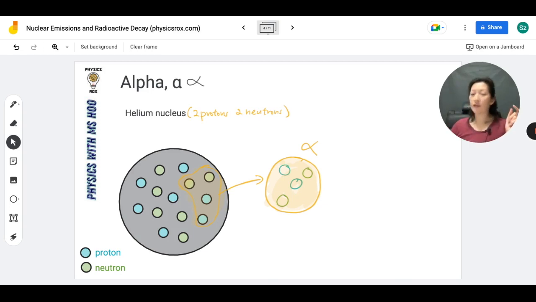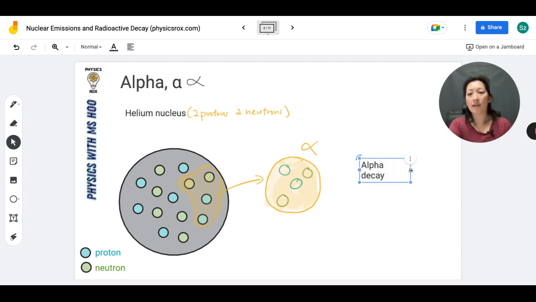So this nucleus has now gotten rid of 2 protons and 2 neutrons. So we can say that this radioisotope is an alpha source because it has released an alpha particle. What has happened here is that this radioisotope has undergone alpha decay.